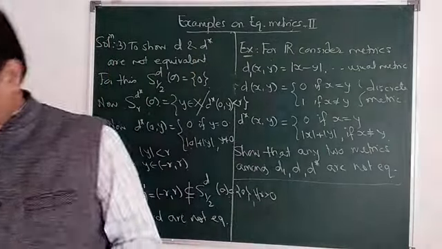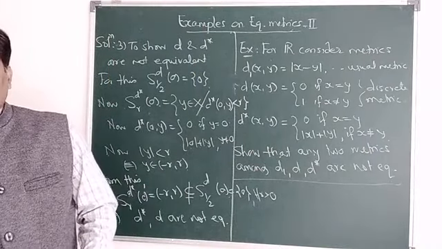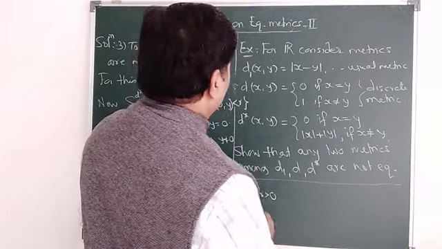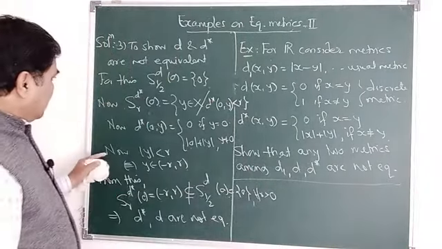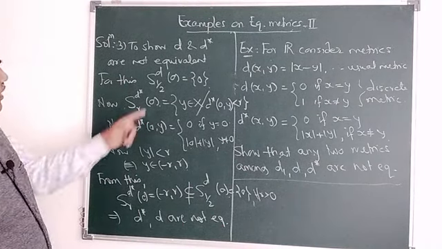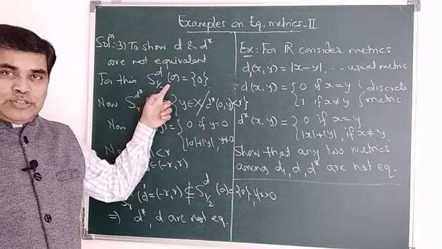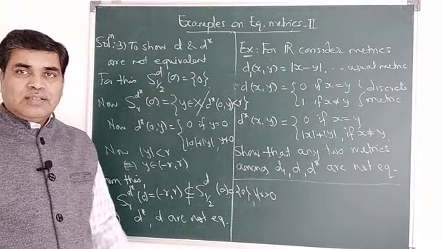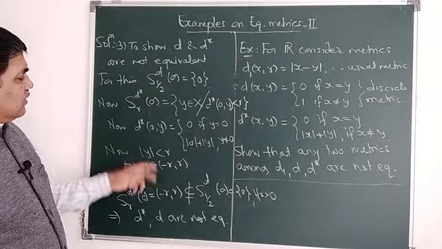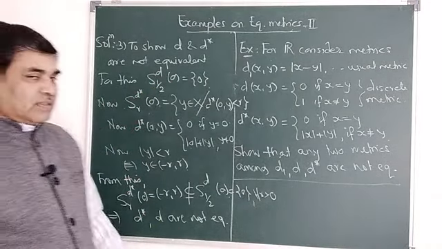Is it clear? Now here, while showing D and D star are not equivalent, I chose the particular number 0. If I take other x here, then both sets become singleton sets.